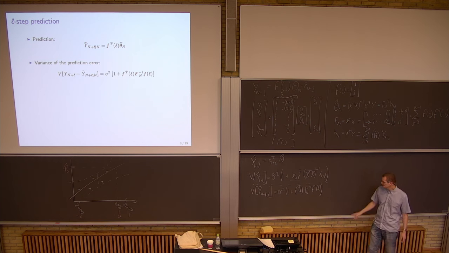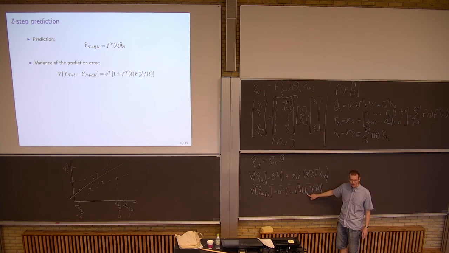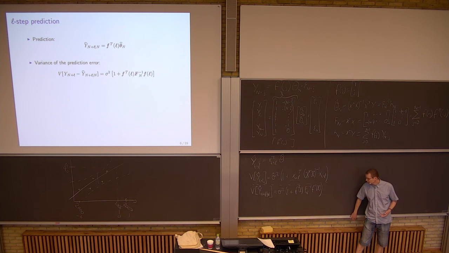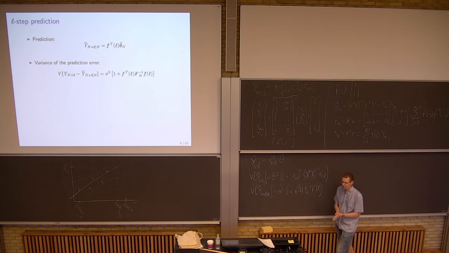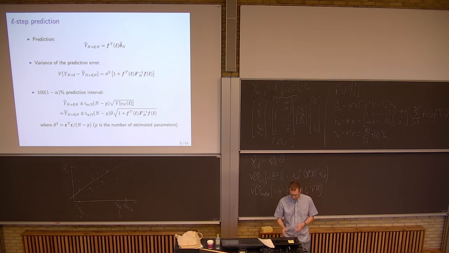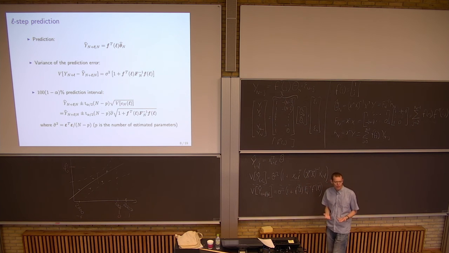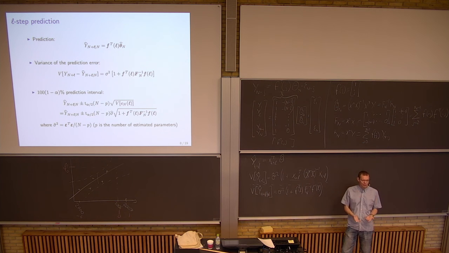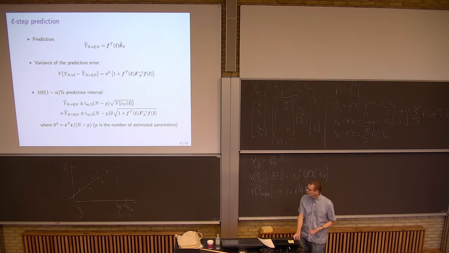So that also means that if we keep track of the uppercase Fn, then predictions are also easy to make. We don't have to redo everything. And prediction intervals are made in the exact same way as last week. It's just that, rather than having x's here, we have the corresponding f's.